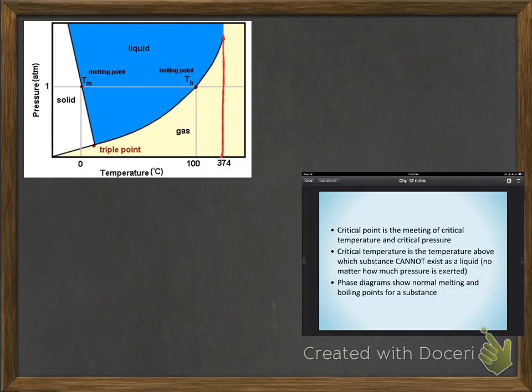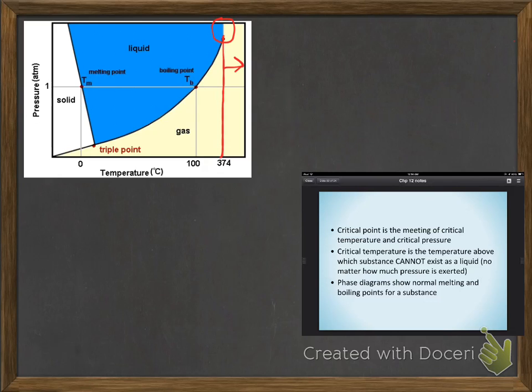You cannot force it back into a liquid phase. Okay? So if you notice, the line for liquid just ends there. And above that point, everything else is vapor. You can't force those molecules back together as a liquid above that critical temperature. So for this, it's 374 Celsius.